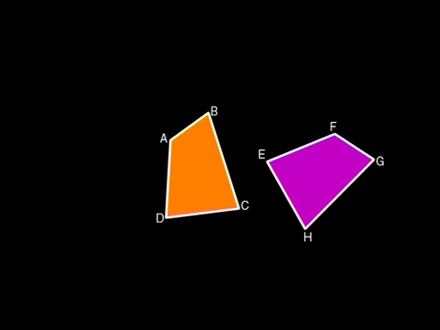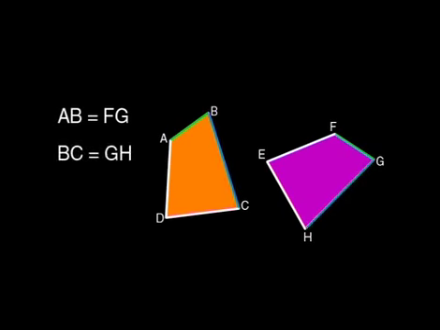And so we say that they are congruent. And this means that AB equals FG, BC equals GH, CD equals HE, DA equals EF.